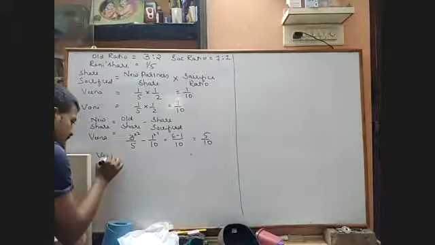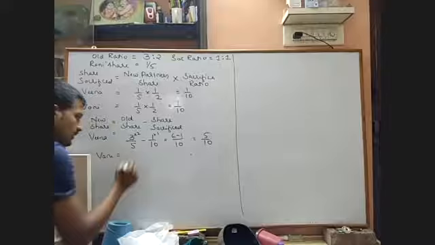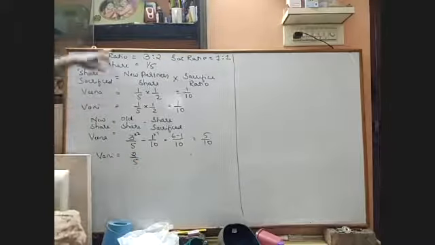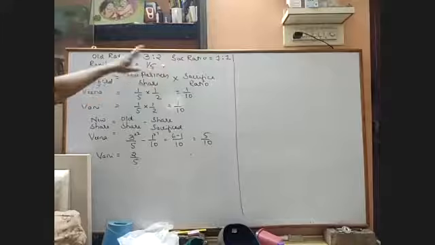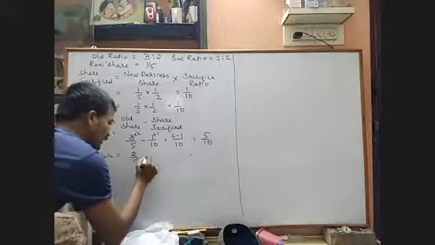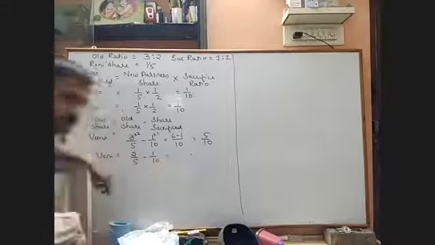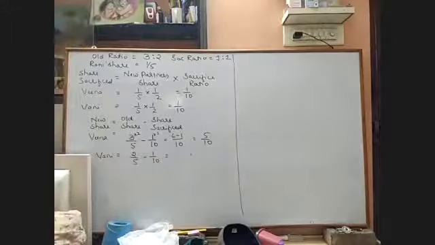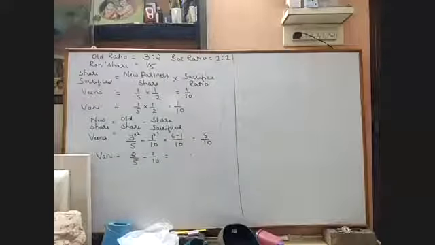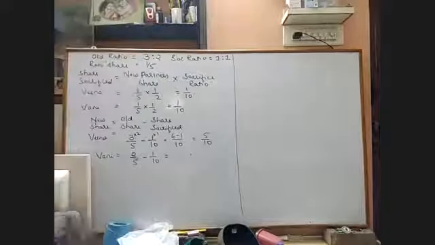The next is Vani. Her old share was 2 by 5, because if you see, the old ratio is 3:2. That means 3 by 5 and 2 by 5. So Vani is equal to 2 by 5 minus 1 by 10.